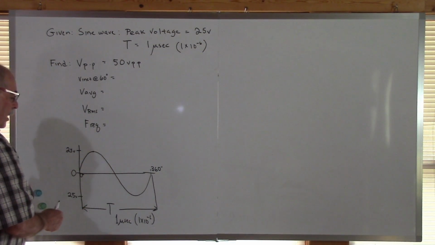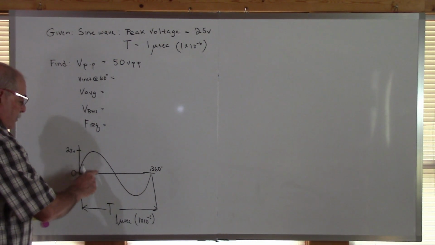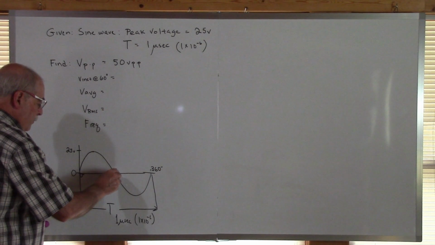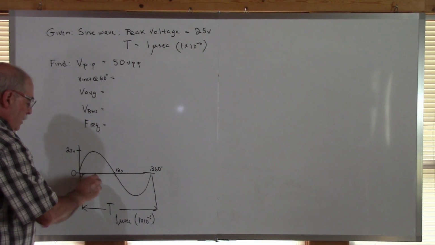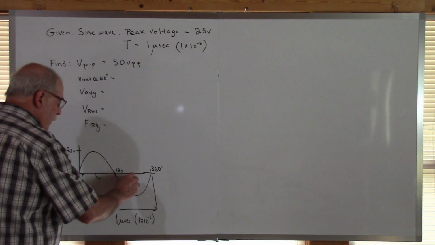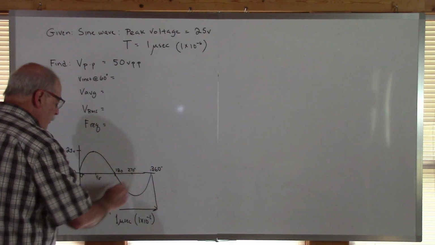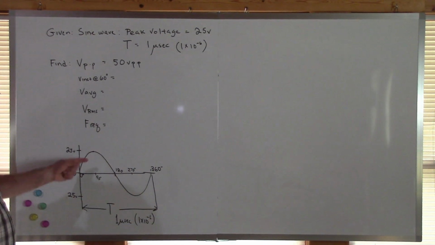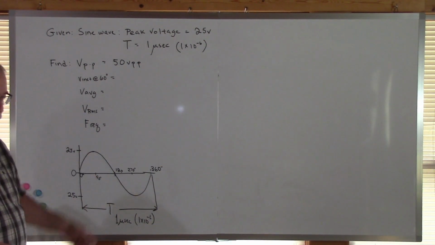If this is 180 here, half that is 90, so we know this is 90 over here. We know this is 180 plus 90, which is 270 over there.